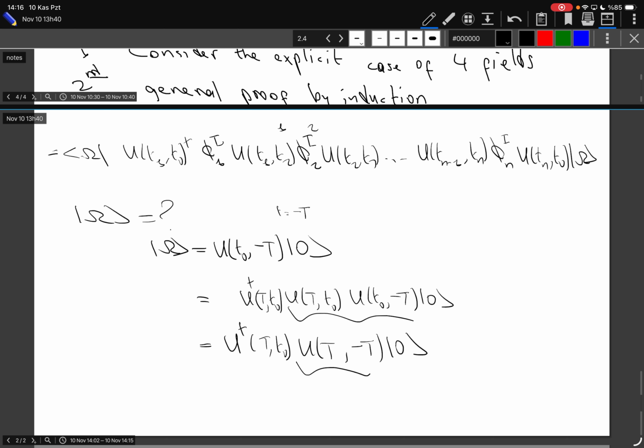So this evolution is still the ground state up to some phase. It will be in the ground state. That is all I know. I don't know if it will have the same phase or not. But I know that it will be the ground state if I turn the potential on and off adiabatically.